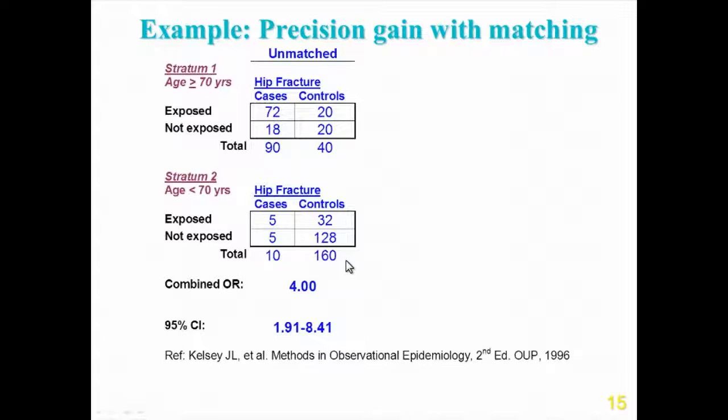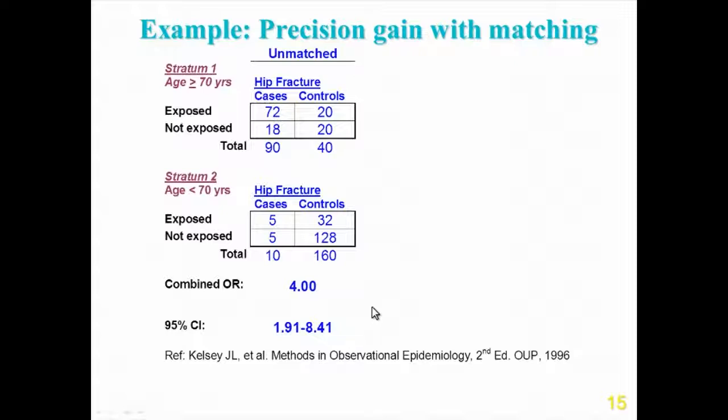As you know, we're not going to get much extra bang for the buck by having 16 controls per case. But we carry out our analysis and we get an odds ratio of 4, and the 95% confidence interval would be 1.9 to 8.4.